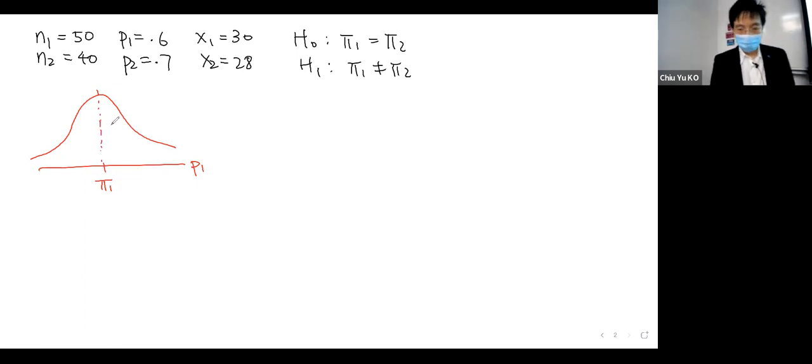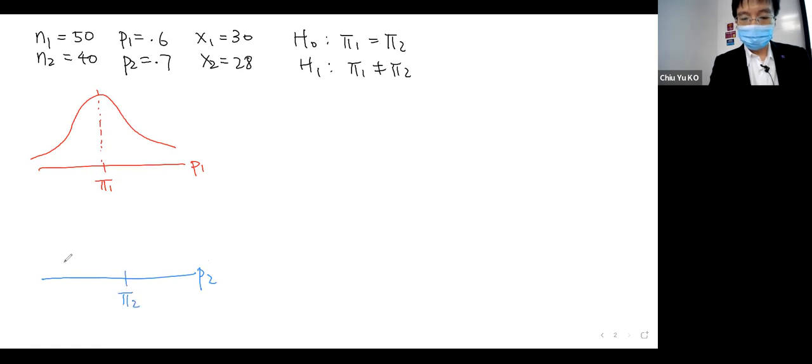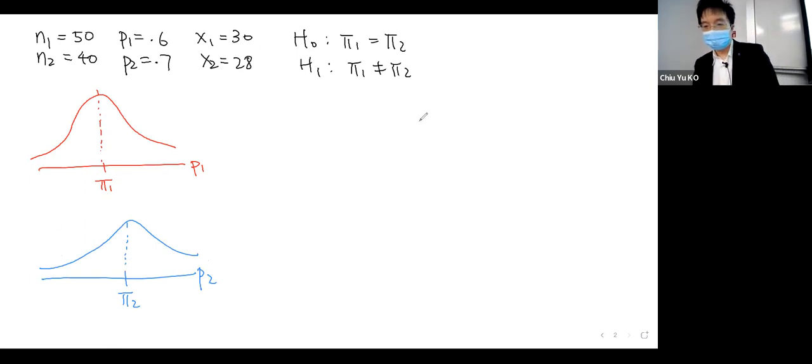Similarly, we have the same thing for population 2, the P2. There's another bell.